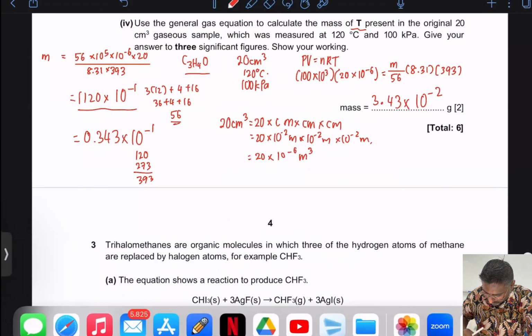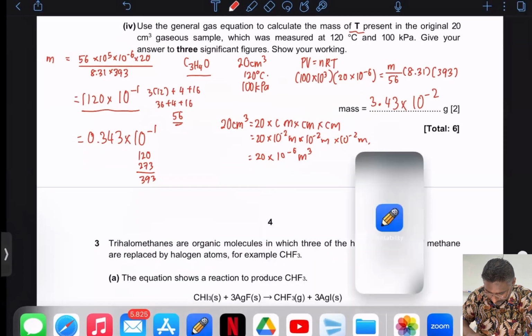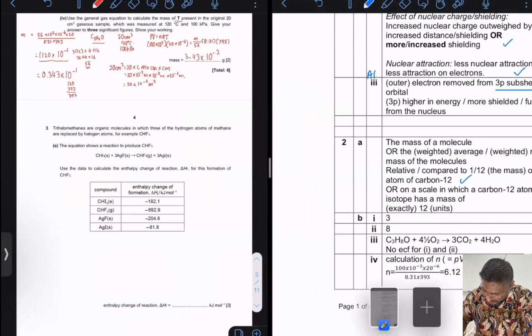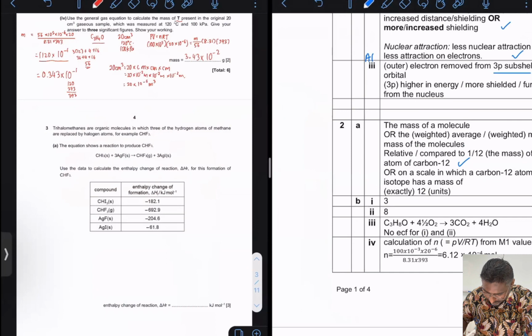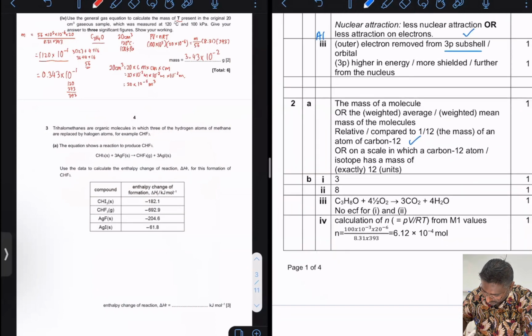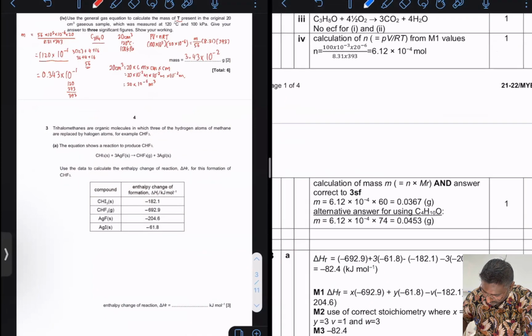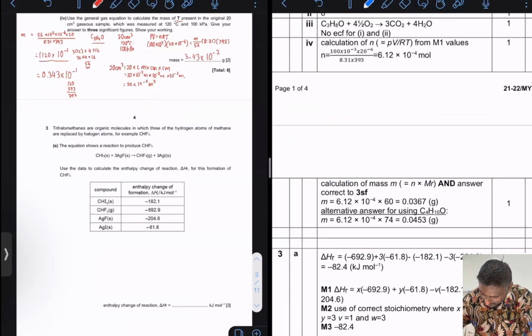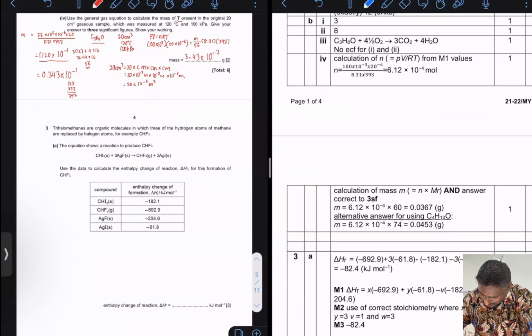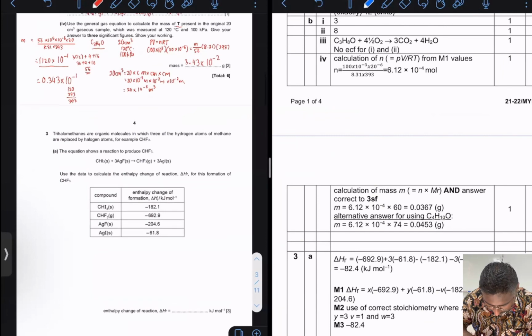Okay, let's see the answer. PV equals nRT, 120 divided by 831, 393.